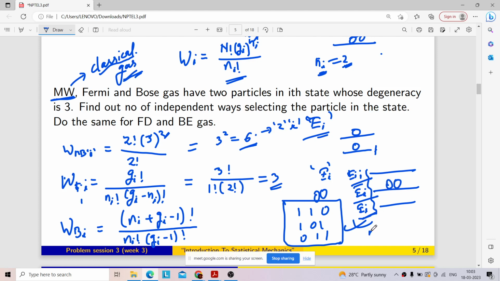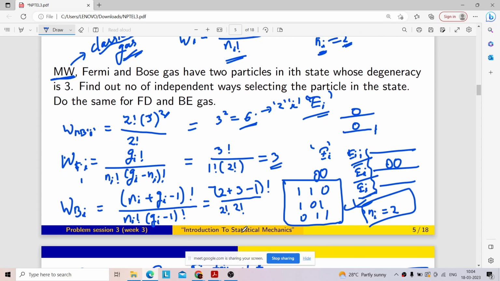As we have two particles, the maximum number I can put in a single state is 2, so Ni is 2. There are 3 substates in the ith energy state, so this is 2 plus 3 minus 1 factorial divided by 2 factorial times 3 minus 1, 2 factorial. So this is 4 factorial divided by 2 factorial, 2 factorial.